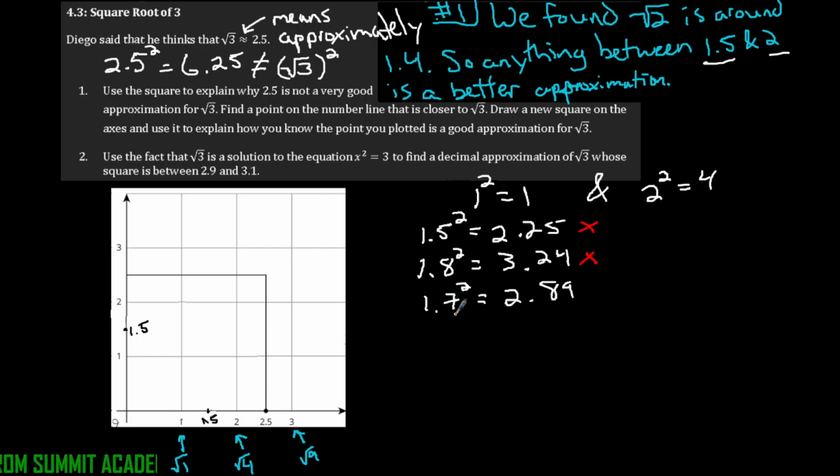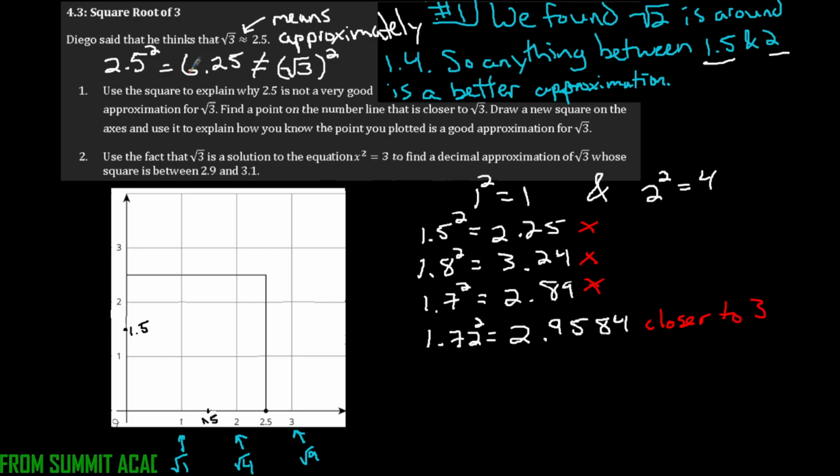So let's move another decimal place out. What about 1.72 squared? What does that equal? It's going to give us some more decimal places, and it should be closer to 3. So we have 2.984. Notice how it's getting closer and closer to 3.